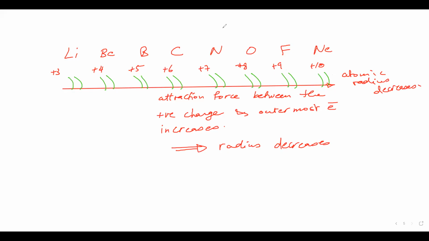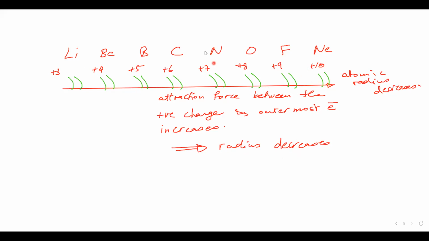But what happens is that the positive charge in the nucleus increases. We say that the nuclear charge increases as we go across a period. And when the nuclear charge increases, there will be more attraction force between this nuclear charge and the outermost electron. And since the attraction force increases, we will find also that the radius decreases.